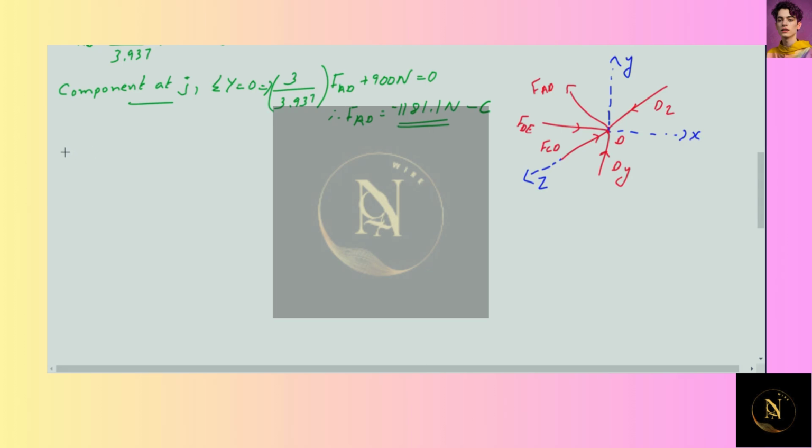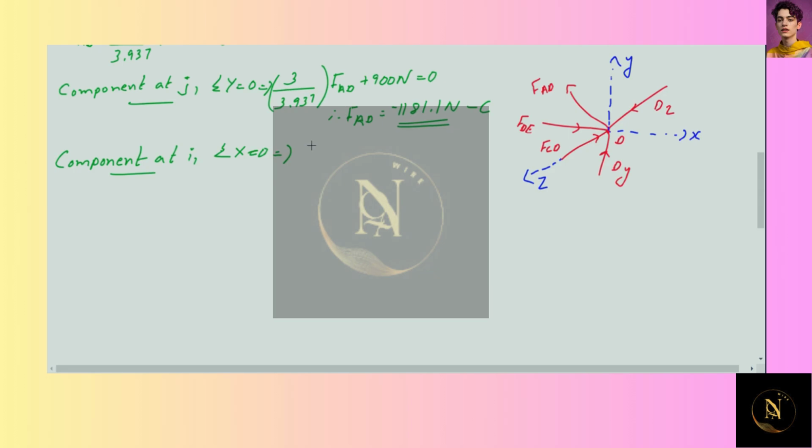Now the component in the I direction. To find the component in the I direction, we have to find the summation along x equal to 0.